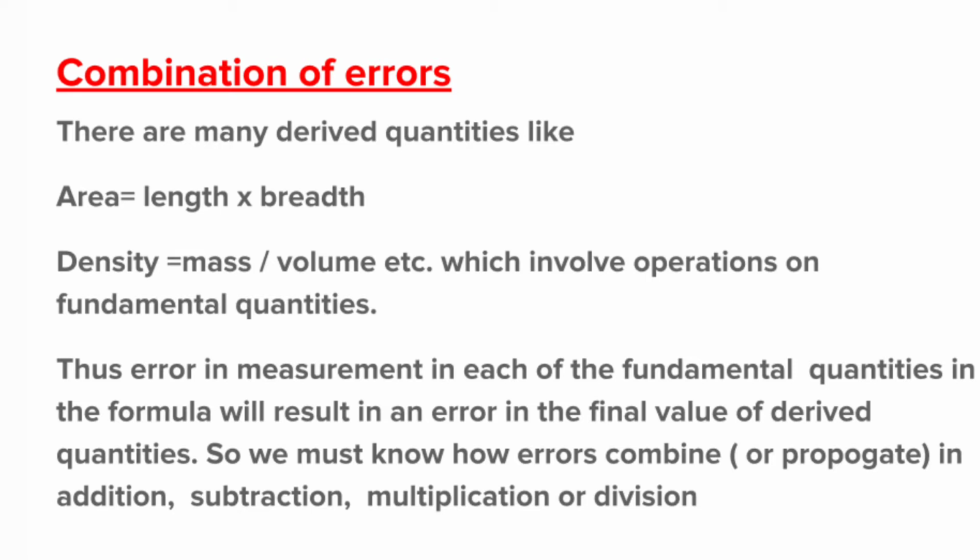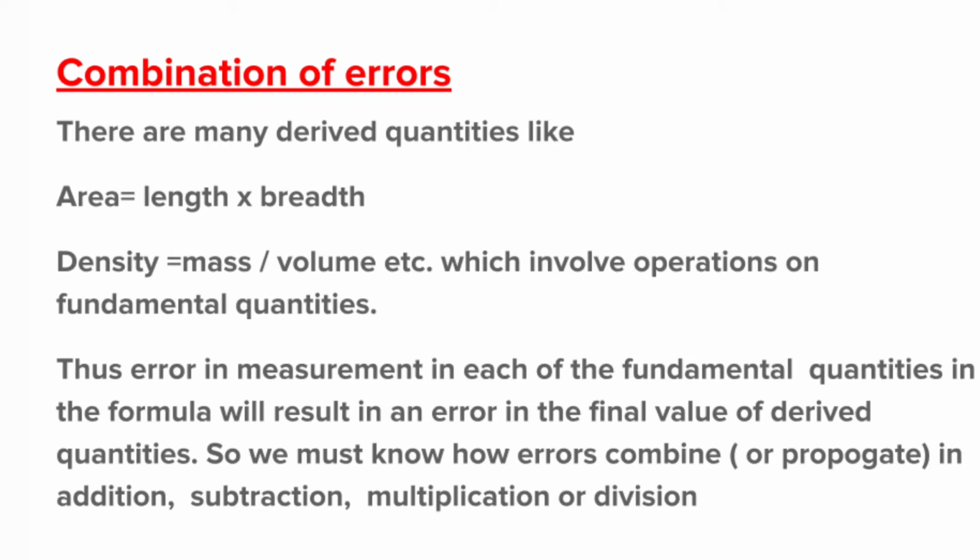Similarly, there are many other derived quantities like volume, density, etc., which involve mathematical operations on fundamental quantities. If there is an error in each of these fundamental quantities, they will result in an error in the final value of the derived quantity also. So we need to know what happens when you multiply, add, subtract or divide two errors.